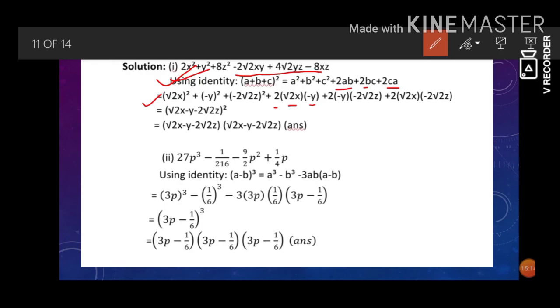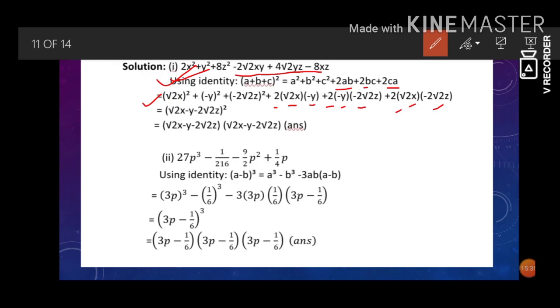Similarly, 2bc can be written as 2, b is minus y, and c is minus 2 root 2 z. And the last term 2ca can be written as 2, c is minus 2 root 2 z, and a is root 2 x.